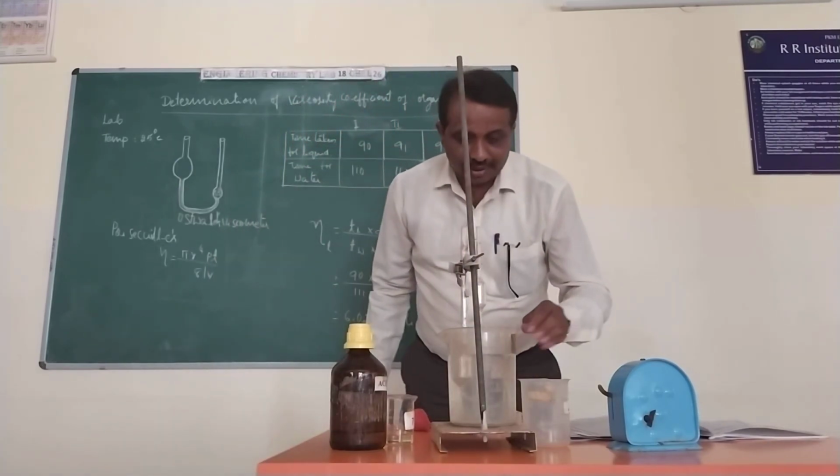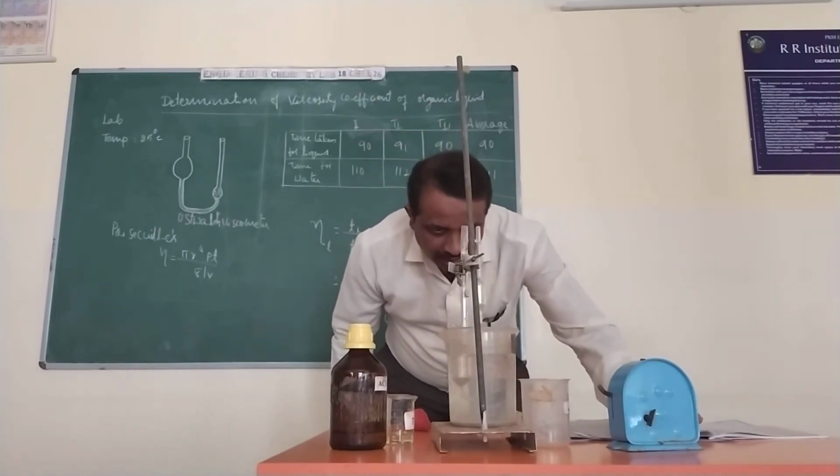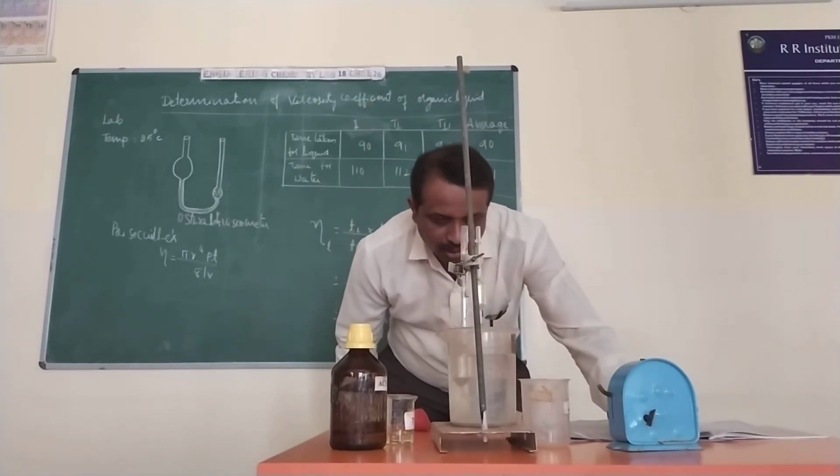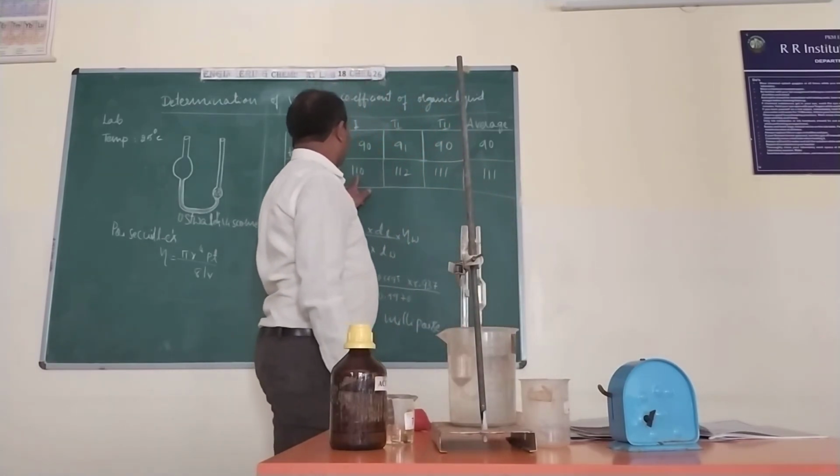Now the water is coming from the upper end to the lower end, and the time taken is 110 seconds. Don't write it in minutes. I have written 110 seconds on the board.